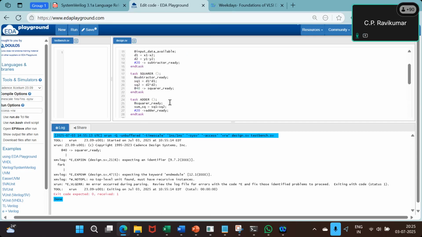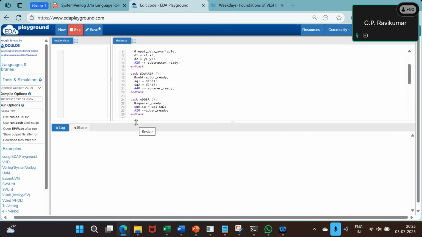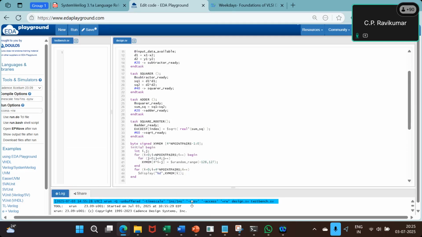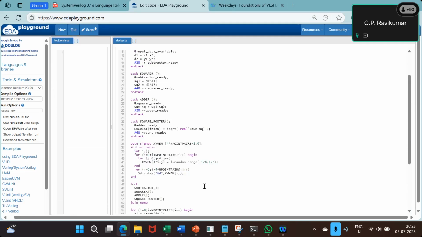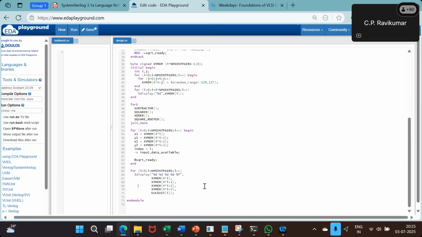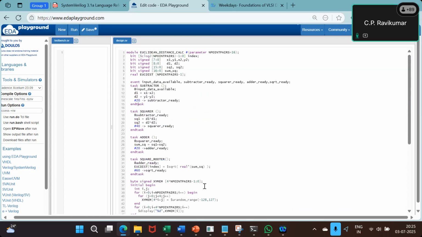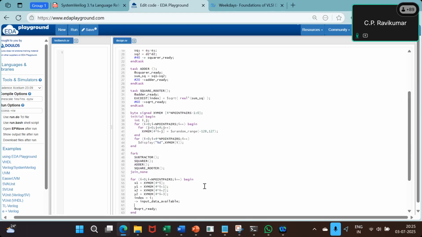The point of task and task and task. And initial begin.